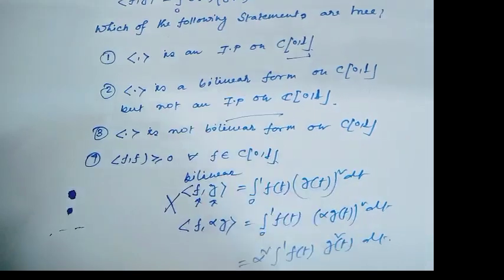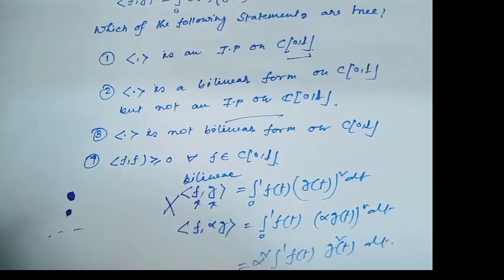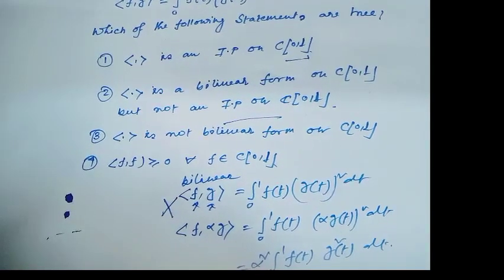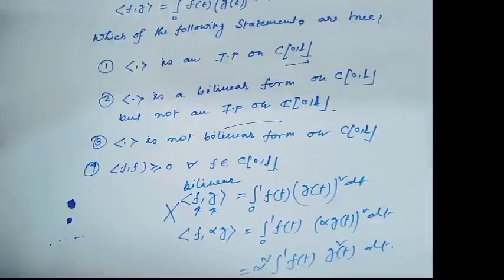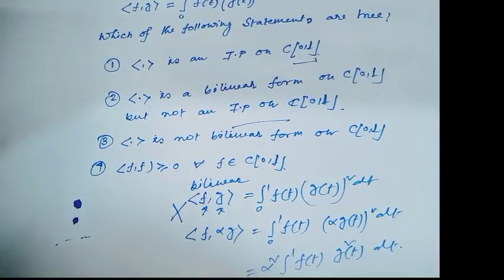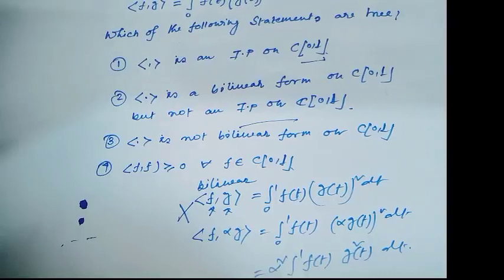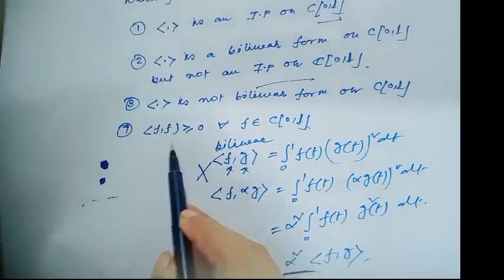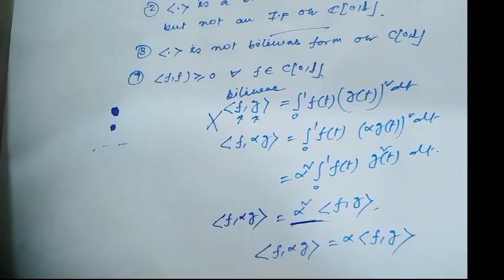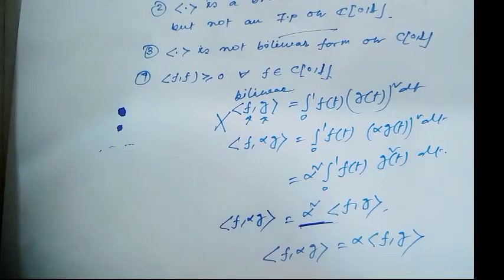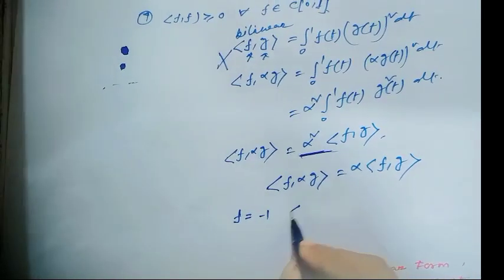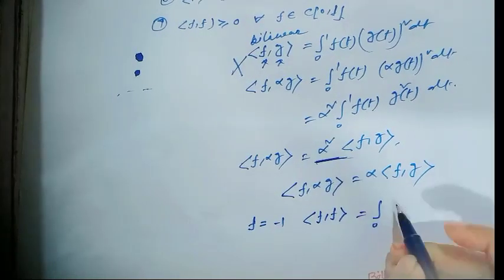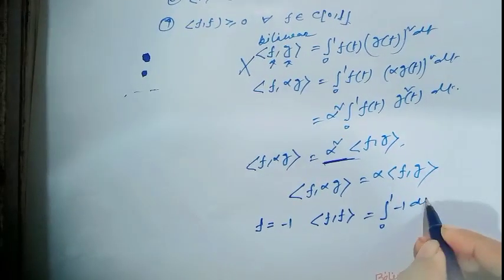Okay, and since this is not a bilinear form, the claim that this is an inner product is not true, because for an inner product, at first it must be a bilinear form. Next I will check, is this positive definite, positive semi-definite? For this consider f equal to -1. Then the inner product of f with f is the integration from 0 to 1 of -1 dt.